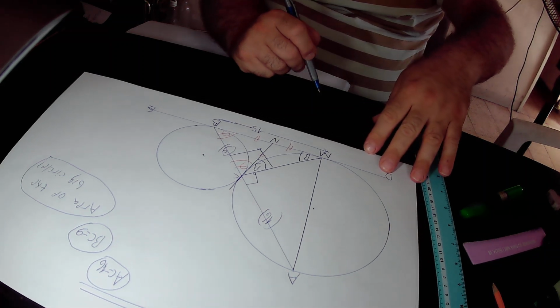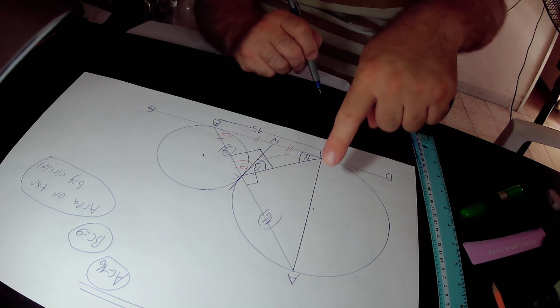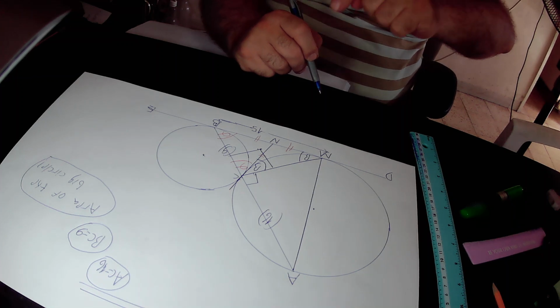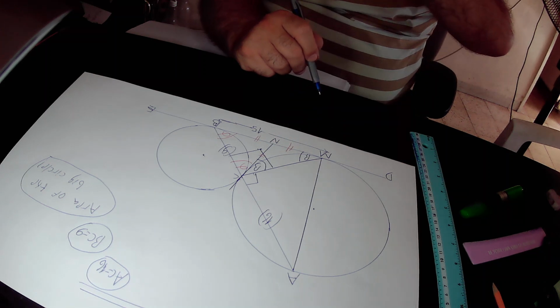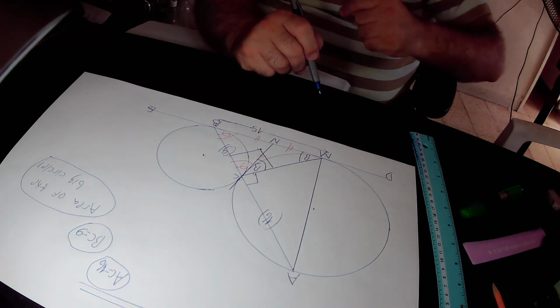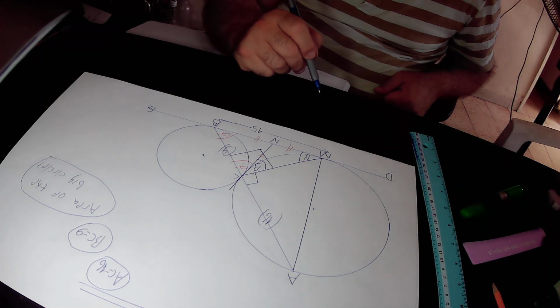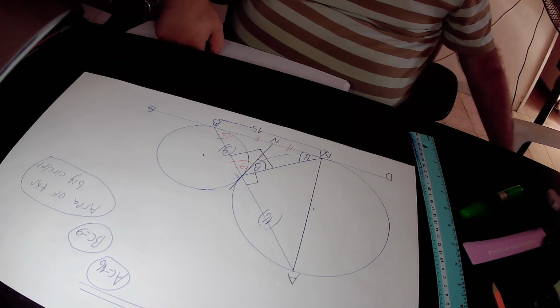So here we have peripheral angle ACM. We just found out that according to rule 3, peripheral angle ACM is a right angle, equal to 90 degrees in size. So here we can implement rule 5. I'll repeat rule 5 quickly.